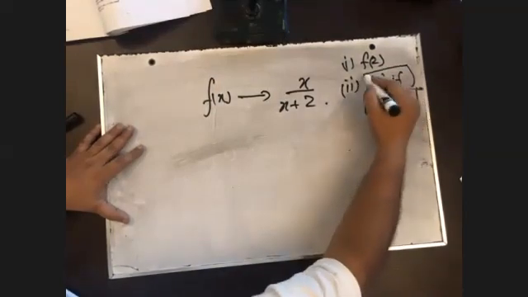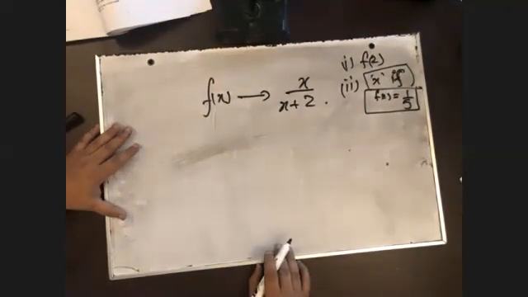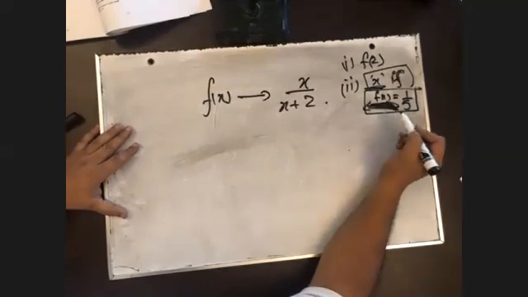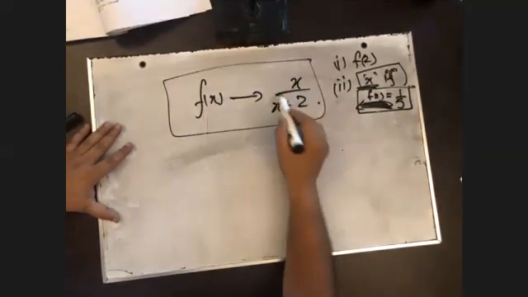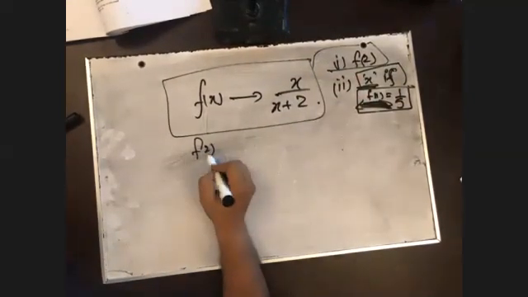This is a little more complicated. Let's try it. Sir, can you repeat? f(x) is given as x divided by x plus 2. Find the value of f(2).